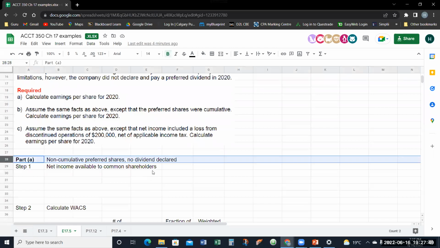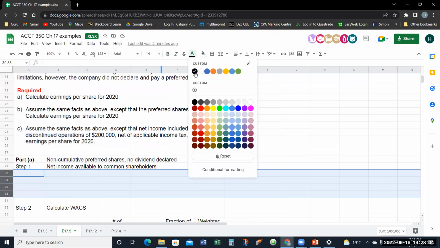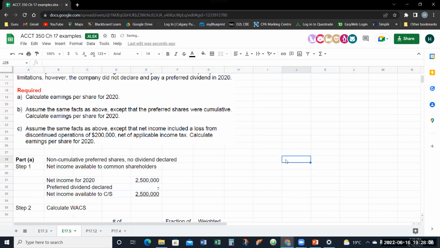So in part A, because you have non-cumulative preferred shares and no dividends been declared, there's nothing to subtract, okay? We subtract nothing for the preferred dividends, because if the preferred shares are non-cumulative, then you only subtract dividends that were actually declared. And if they had said, you know, XYZ amount was declared, you would have subtracted that.